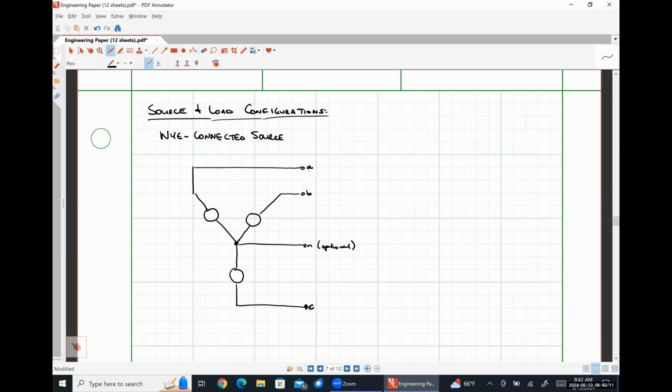Okay. So the voltage that we're going to see between the A terminal and the N terminal of this device, I'm going to put the positive polarity on the A side and the negative polarity on the N side. And so we're going to represent this in the RMS frequency domain as an RMS phasor voltage VAN.